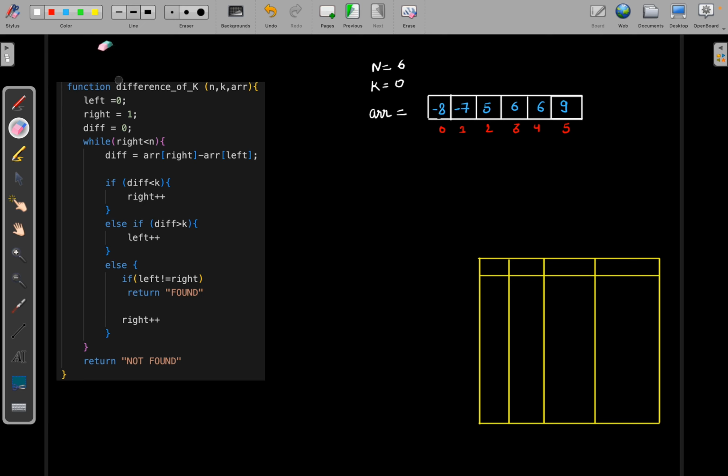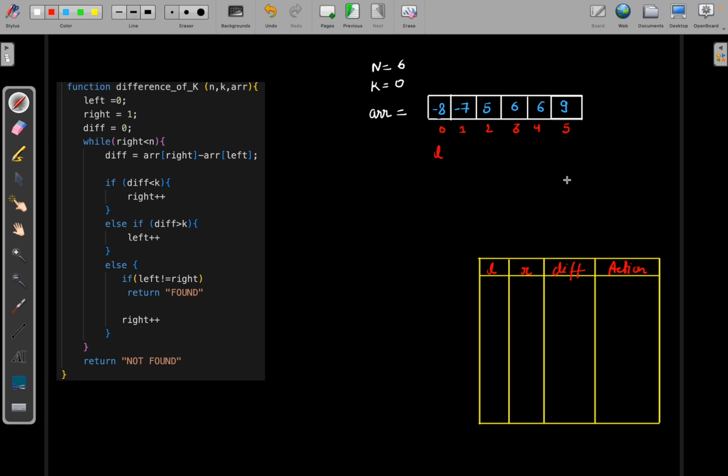So let's start. I will use L pointer here and I will use R pointer. So L, R, I will take the difference and then we will see the action.